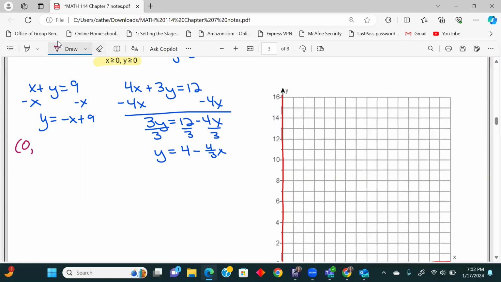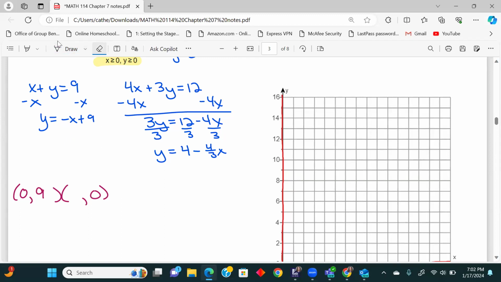Let me move that down just a little bit, some of this little scratch work. And then I'm going to let y equal 0. So if I plug 0 in here, that goes away and I get y is equal to 9. So when I plug in a 0 for x, y is equal to 9.